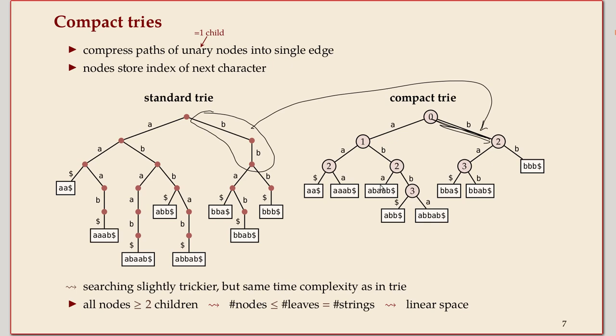However, there's a small catch with doing this. As you can see on this edge, the combined label of those two edges was BB. Now in my edge here, I really only have space for a single character. Conceptually, the label of that edge should be BB.